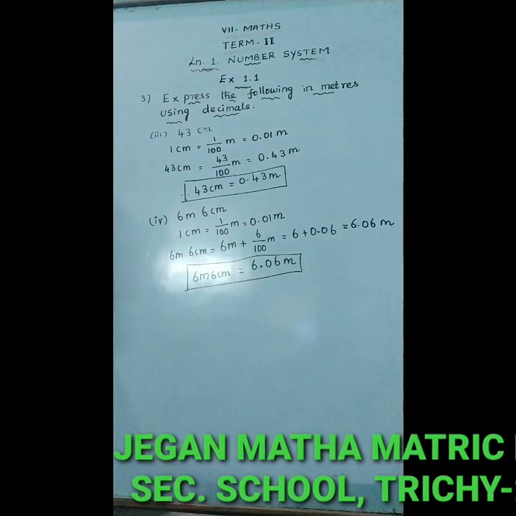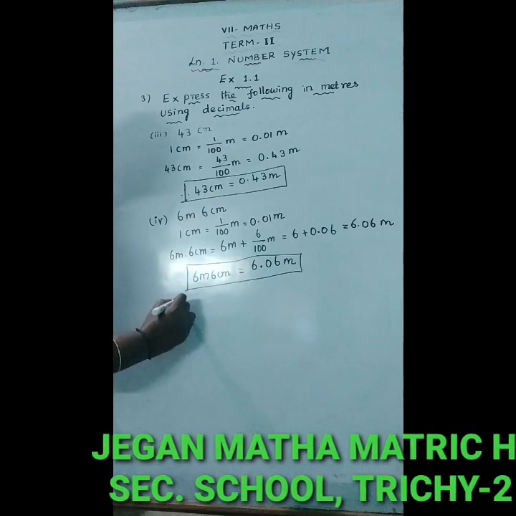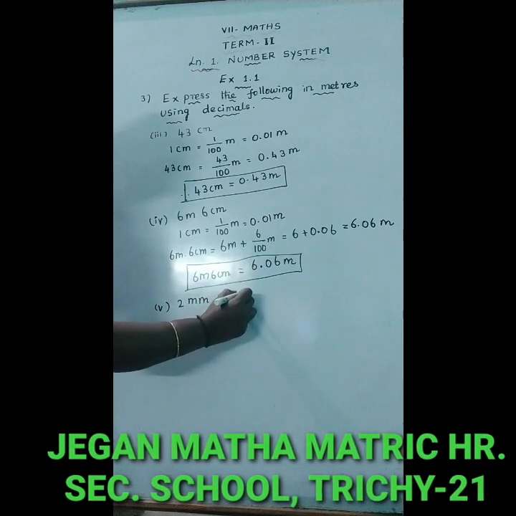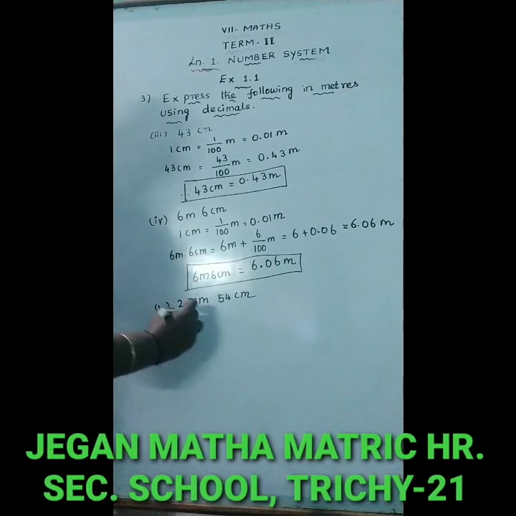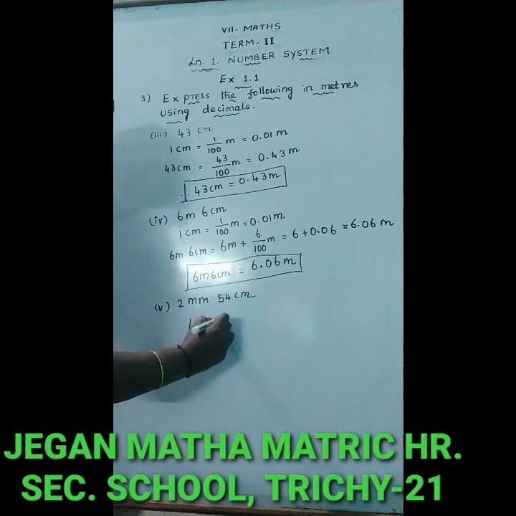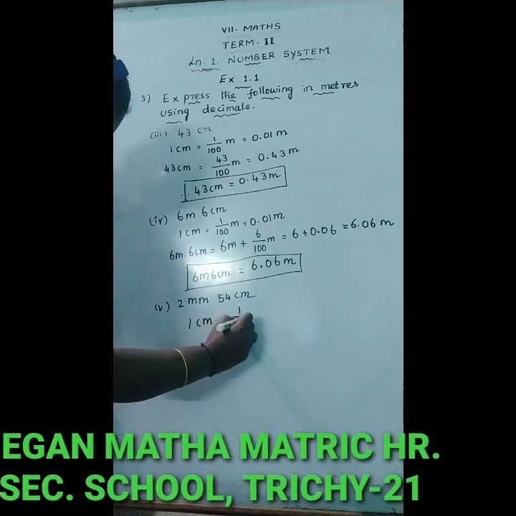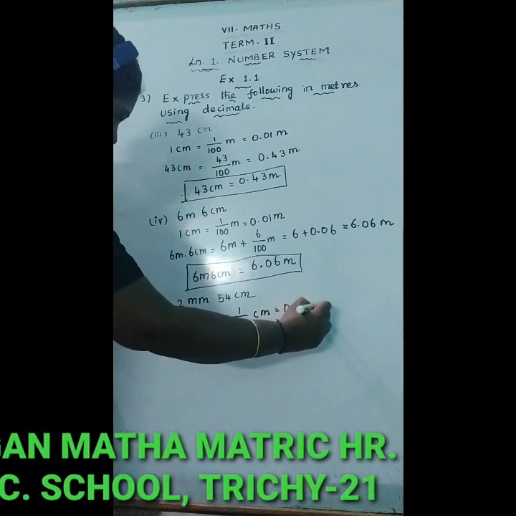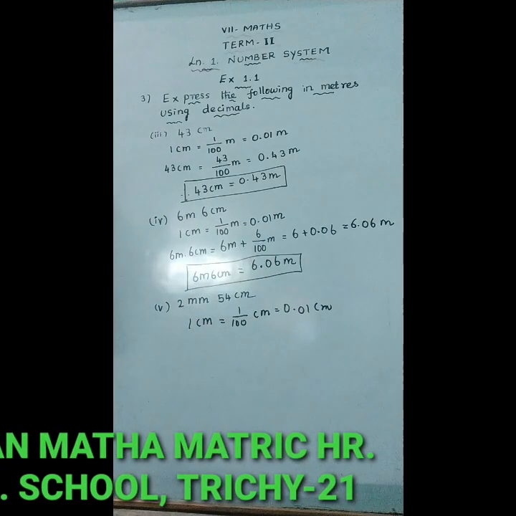Next, the fifth one is 2 meter and 54 centimeter given. 1 centimeter is equal to 1 divided by 100 meter, that is 0.01 meter.